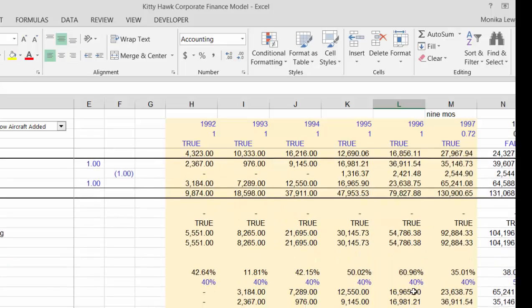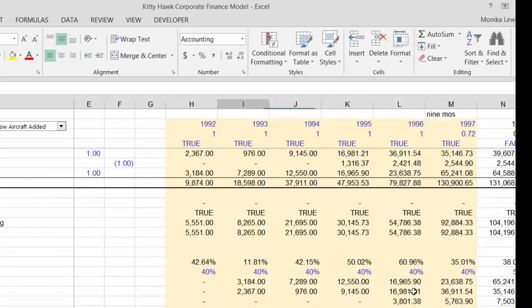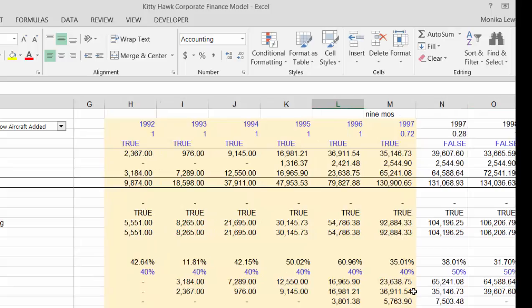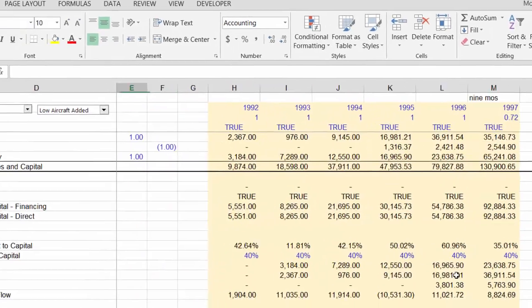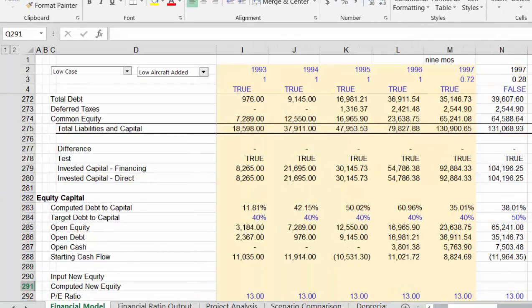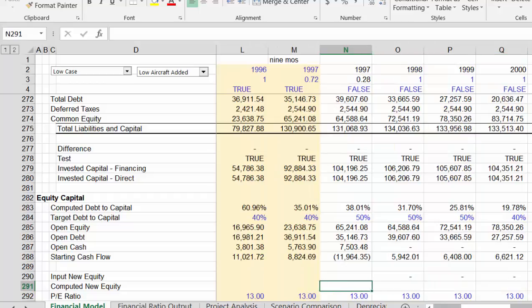Okay, and now what we're going to do is compute the new equity. Now we really don't want to do that in the historic period, so let's start with just one single one. This is going to be a function, essentially a goal-seek function.